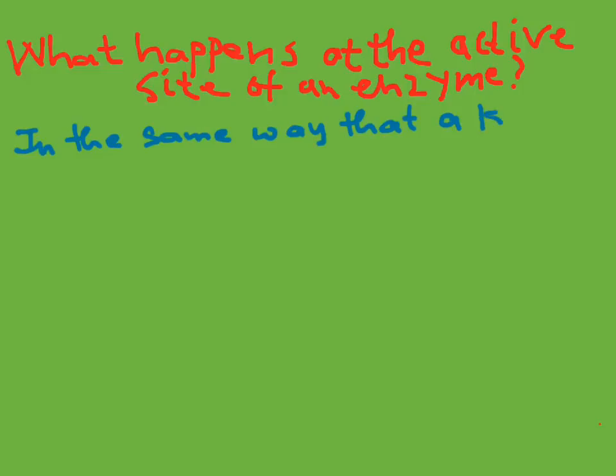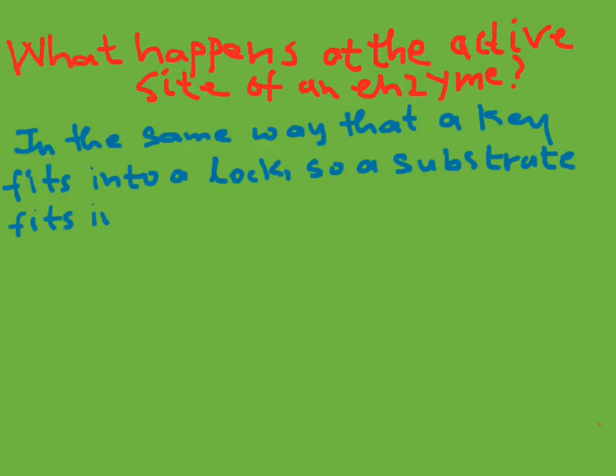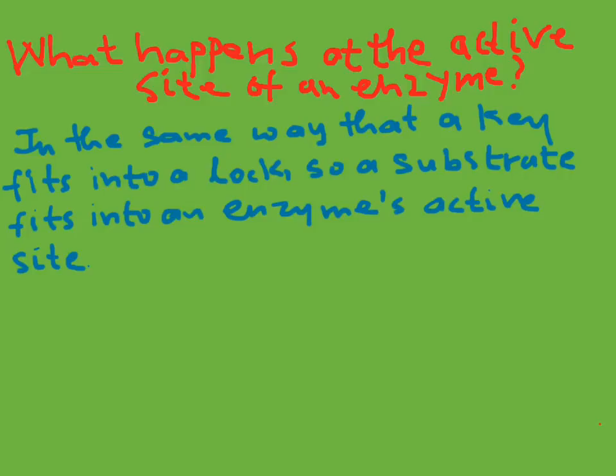In the same way that a key fits into a lock, so a substrate fits into an enzyme's active site. This is very important because we are trying to make an analogy between the lock and the key, and the substrate and the enzyme.